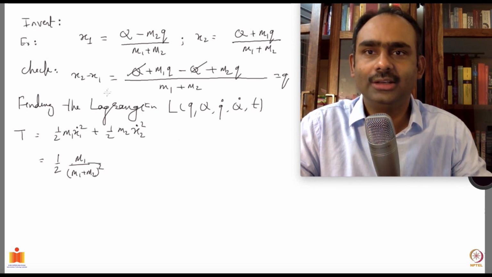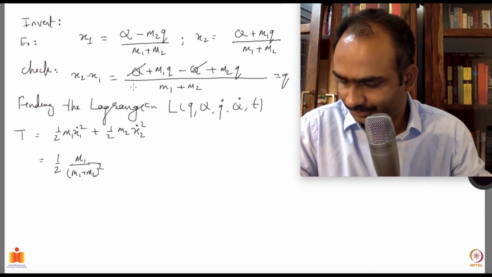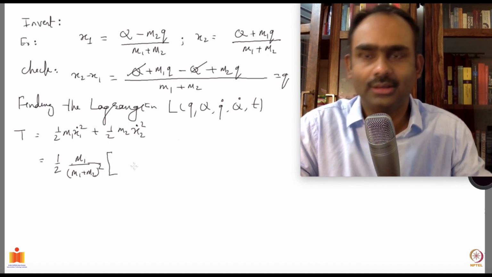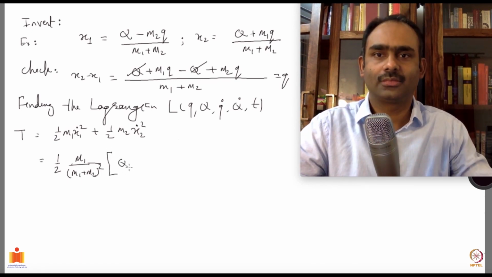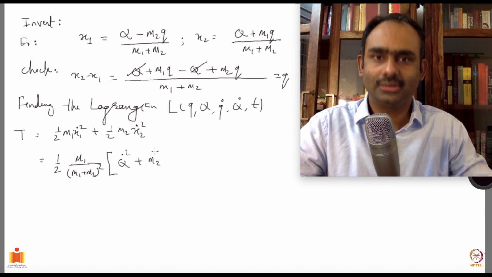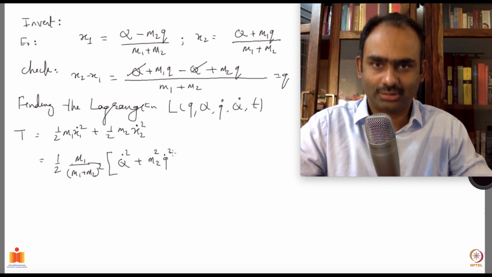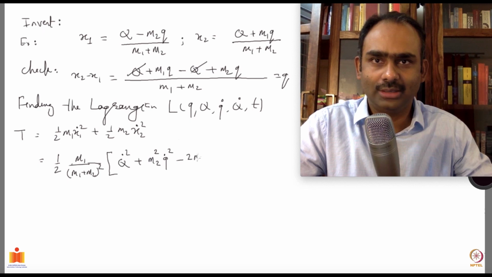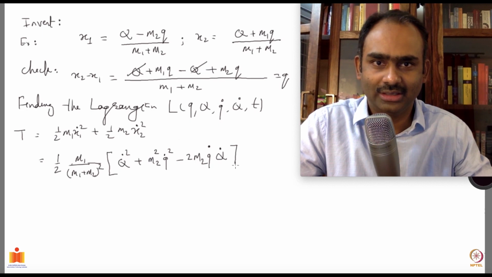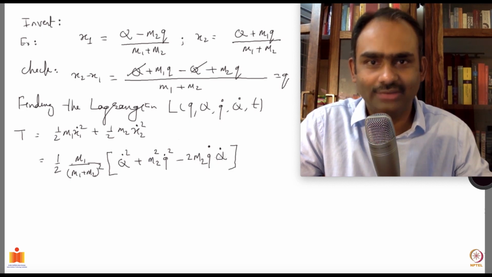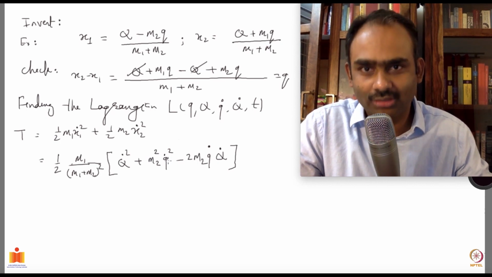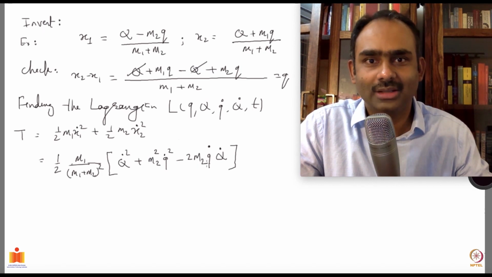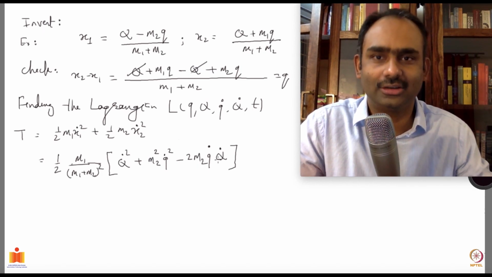Then your x1 dot square will have q dot square plus m2 square small q dot square minus 2 m2 small q dot, capital Q dot. So here you see that you have off diagonal terms also. Capital Q dot square is a diagonal term. Small q dot square, that's a diagonal term. But small q dot with the capital Q dot, that's an off diagonal term.